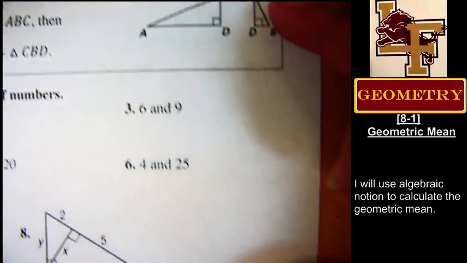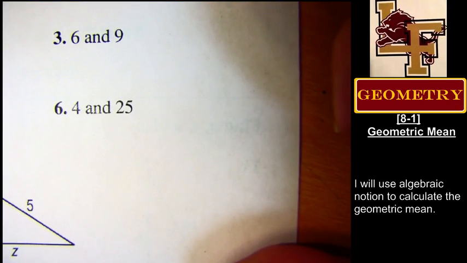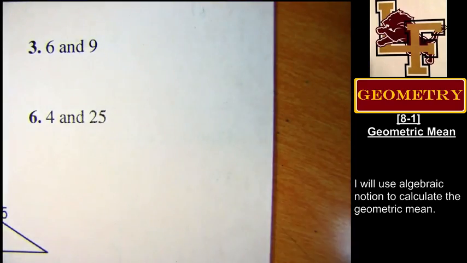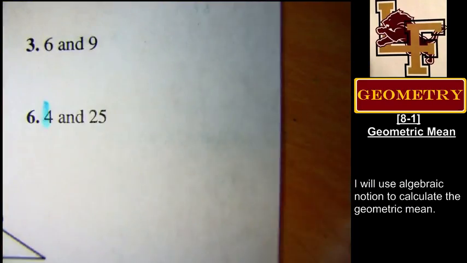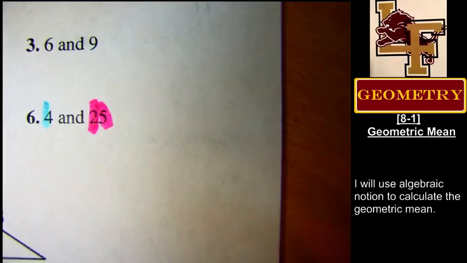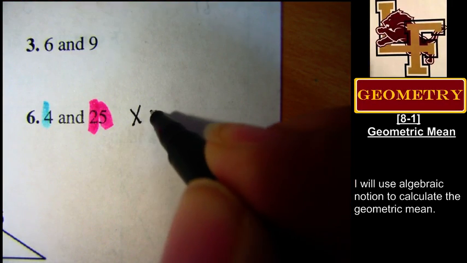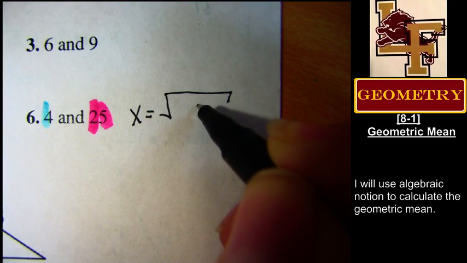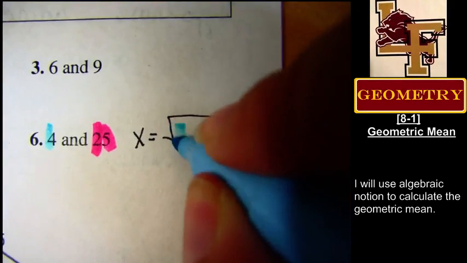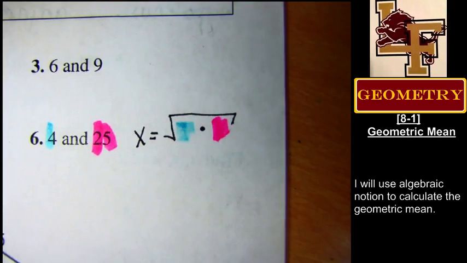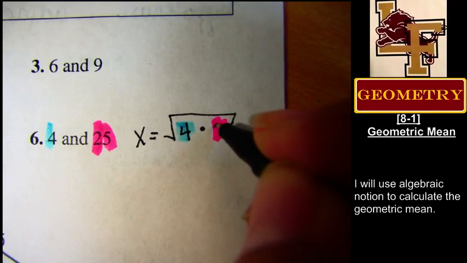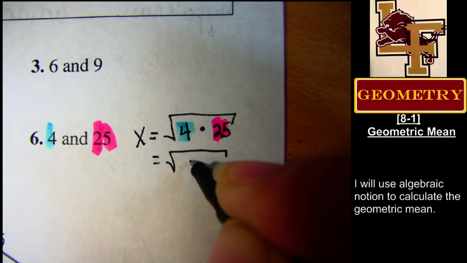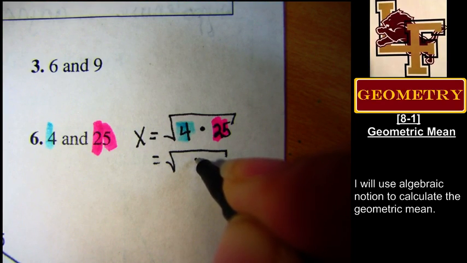I'm going to start with number 6. YOLO. I want the geometric mean between 4 and 25. So the geometric mean is the square root of whatever I get when I multiply one of the numbers times the other. 4 times 25. 4 times 25 is 100.